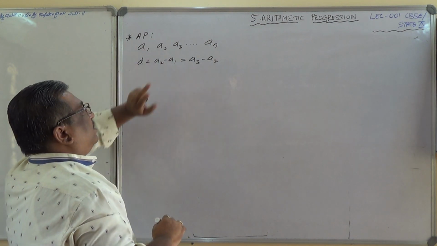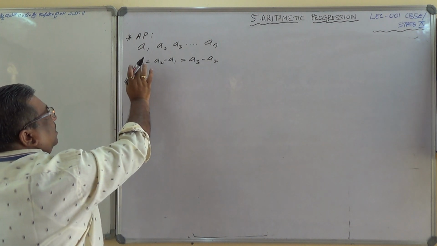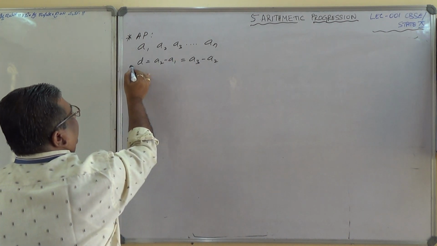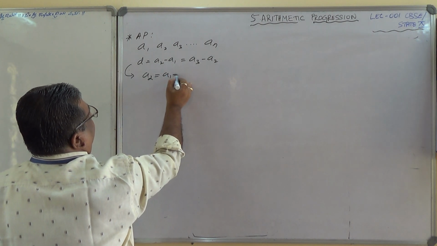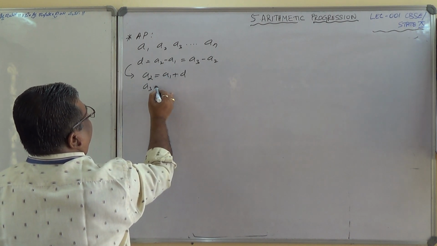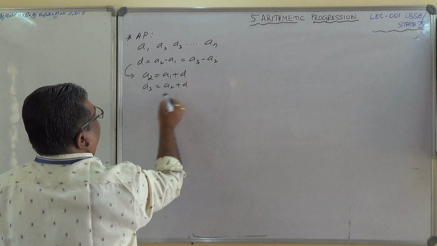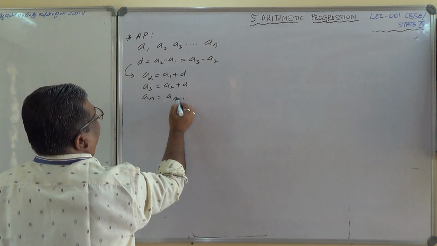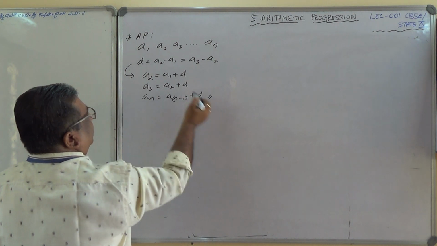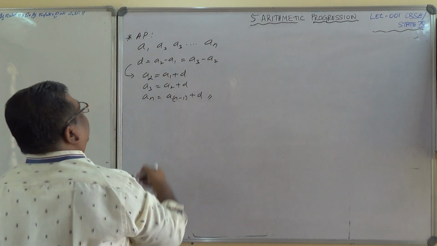So this sequence is called an AP, such that the common difference is this. This can also be written as A2 equals A1 plus D, A3 equals A2 plus D, AN equals AN minus 1 plus D. This also we can write, because it's the same sequence.